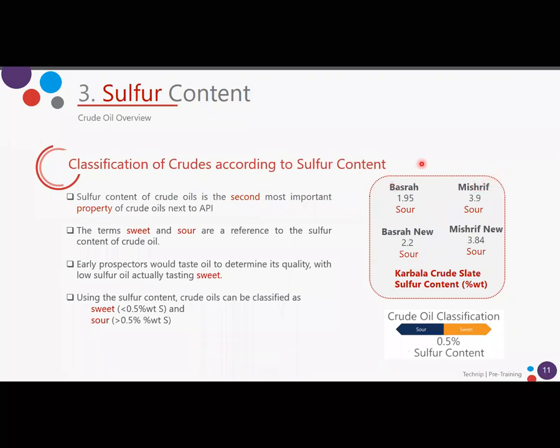We can see that for the four cases, the sulfur content is greater than 0.5%. So we can say that the crude oils that will be processed in the refinery are sour crudes. So we have here sweet and sour crudes.